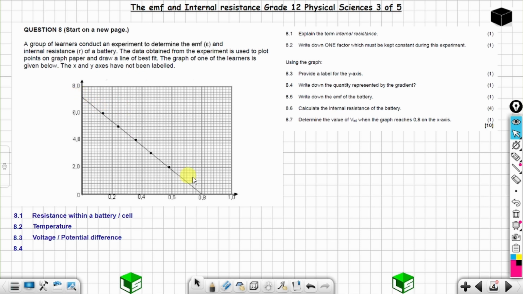The gradient of this line, when you have voltage on the y-axis and current on the x-axis, will be the resistance. In this case, we are dealing with a battery, so this is going to be internal resistance. You can see, let me show you.